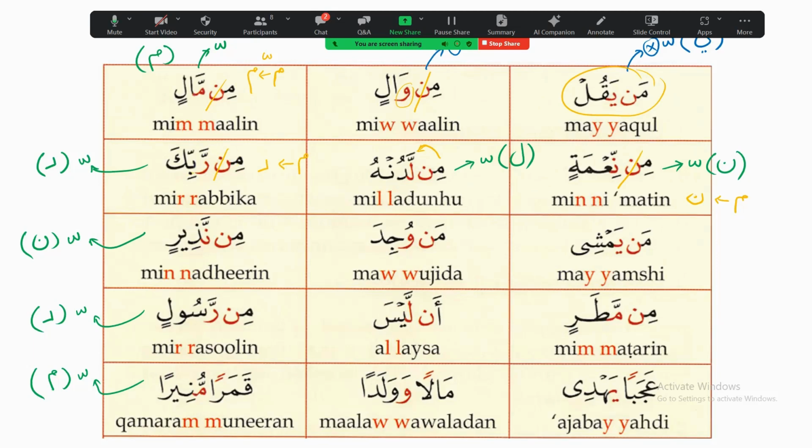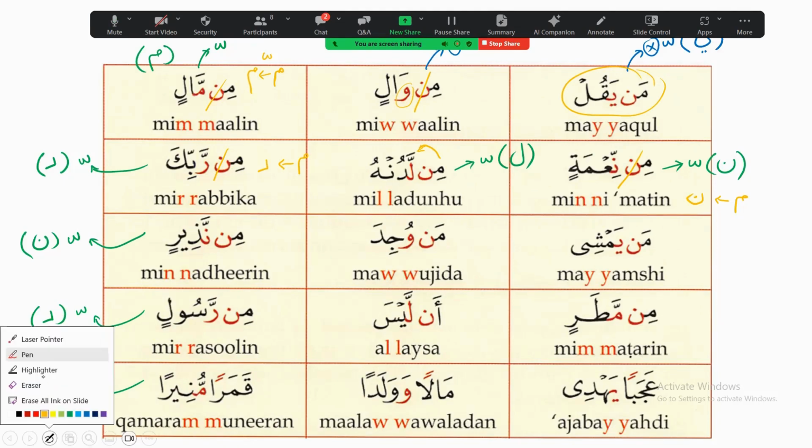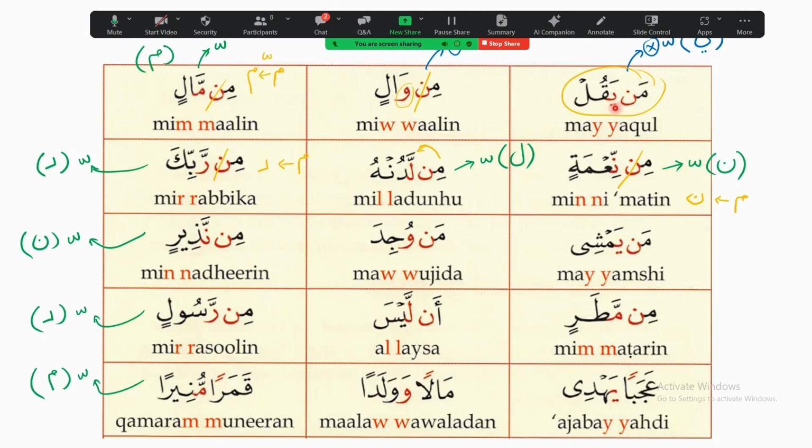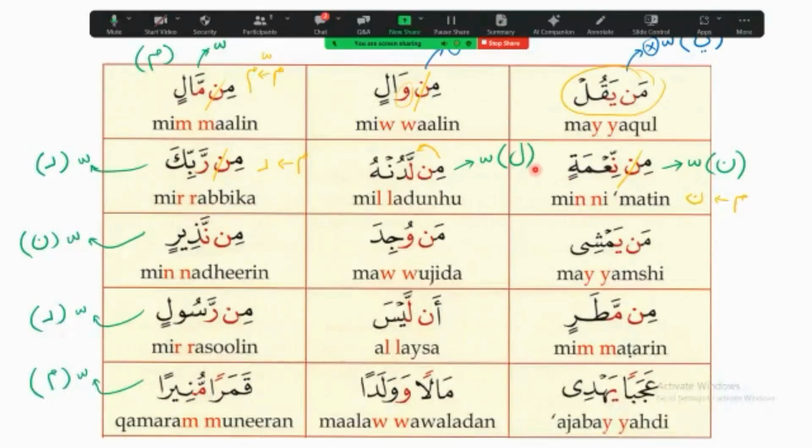Okay, so we have done this, and I just want your special attention to this thing that I'm going to mention now. When we are doing this assimilation, doing idgham, in all of these examples that we have done so far, what you can notice is the letter that we are assimilating into, which will obviously be the letter after noon sakin or tanween.